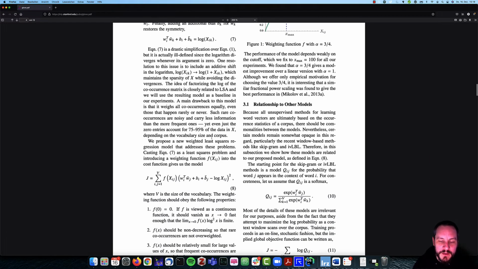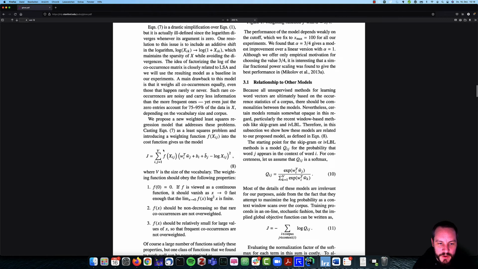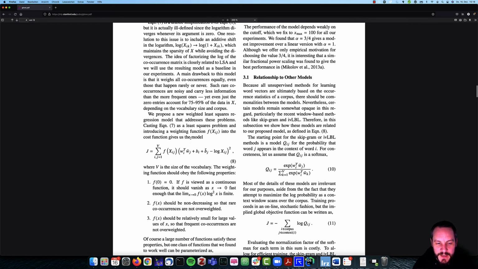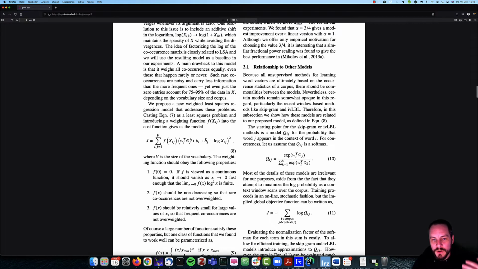And then there are some fine refinements in the model that take care of problems such as how are we going to proceed with co-occurrences that never occur, and how are we going to work with co-occurrences that occur a lot, so that potentially could dominate everything.